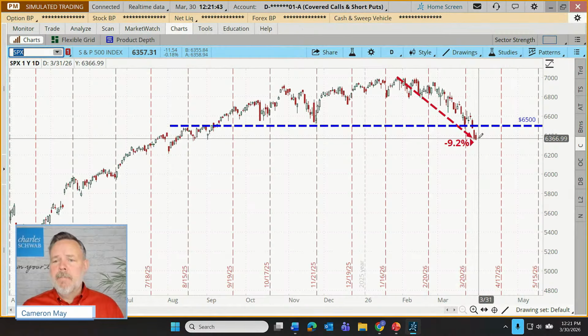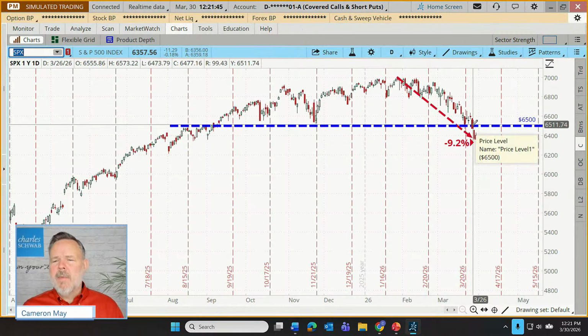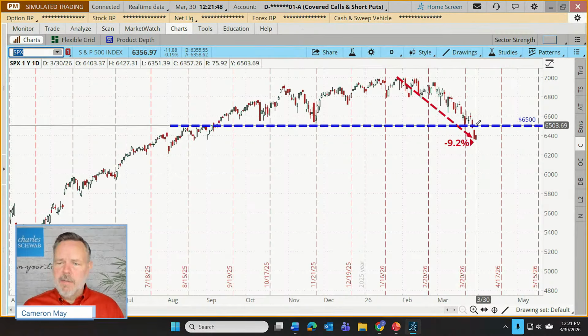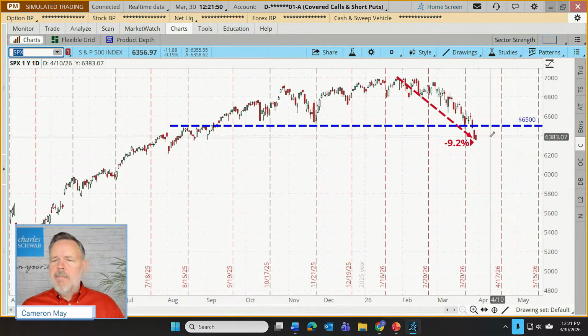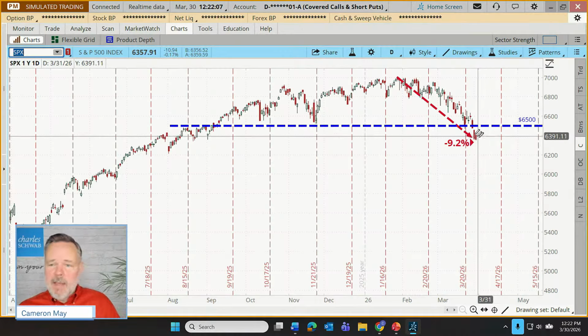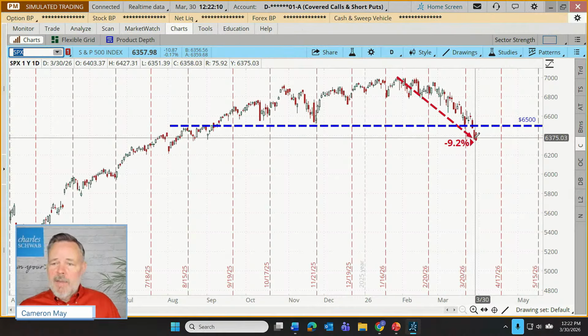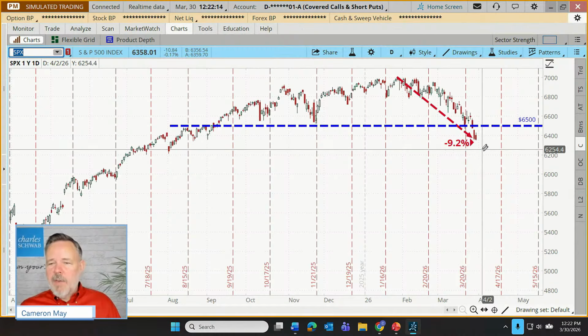But for some covered call traders, when they see something like this happen on a major index, it might cause them to pump the brakes on going out and buying new stocks. What it might do for some income traders, though, is they may still be okay with selling puts if their effort is to buy stocks at lower prices. Let's say that in the near term, our investor or income trader thinks that stocks have a little bit further to go.